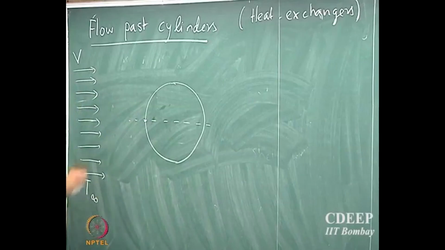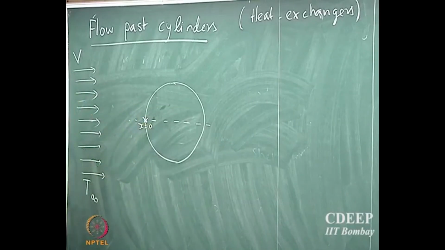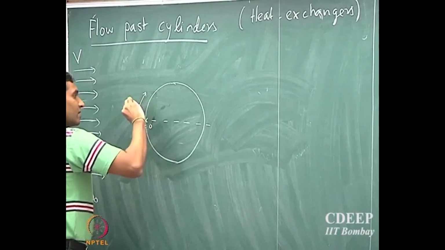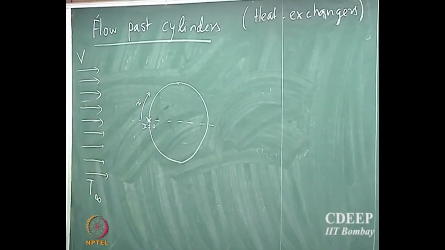So let's say I call this a location x equal to 0, and I define my coordinate x as the curved surface location, okay. I can always do that.